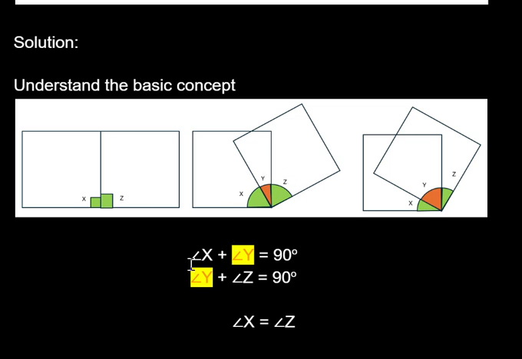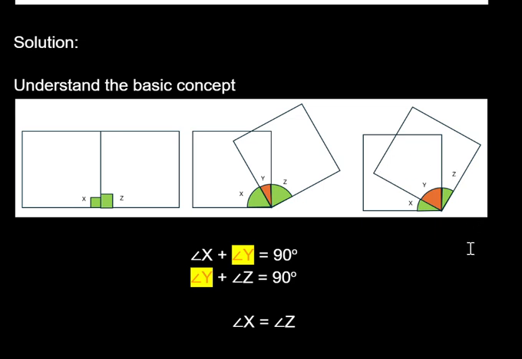Which means that if angle X plus angle Y is 90 degrees and angle Y plus angle Z is 90 degrees, this simply tells us that angle Z and angle X are the same. So the two green angles are exactly the same, regardless of how much the square tilts.